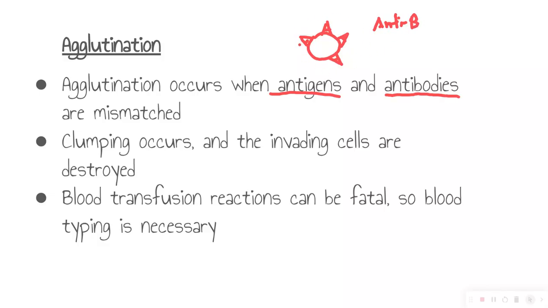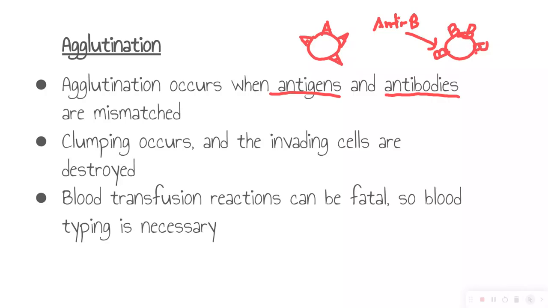Well, let's say this person with the A antigens on their red blood cells and these anti-B antibodies are given blood. They are donated blood. Let's say they lost a lot of blood, and so now they need a blood transfusion. If you give them blood that has B antigens, let's say here's a person who has a red blood cell with B antigens, well, the anti-B antibodies are going to come attack this blood cell with the B antigens.